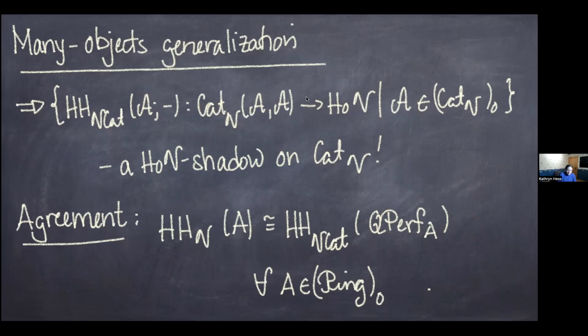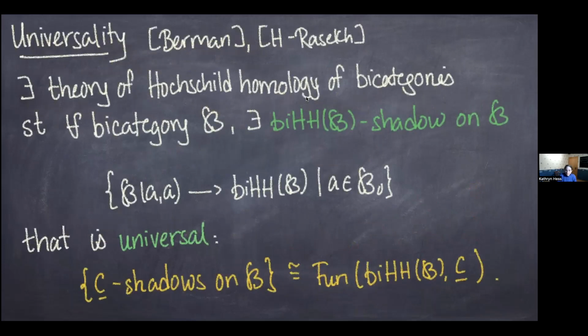Okay, one final general remark about Hochschild homology theories, just to say why Hochschild homology is really the prime canonical example of a shadow. This is based on work that was started by John Berman, in which I worked with Nima Rasekh.